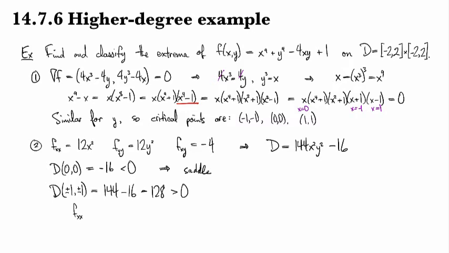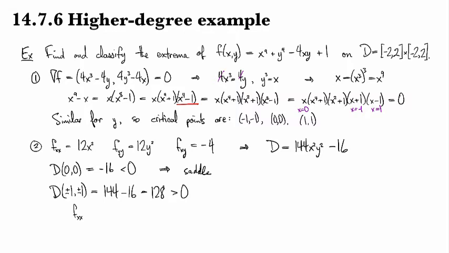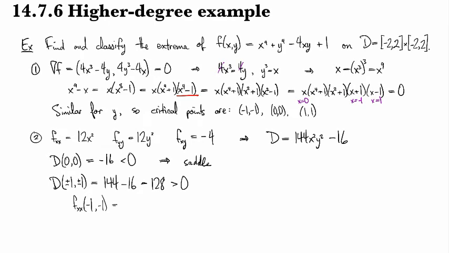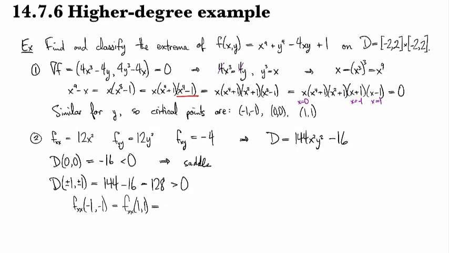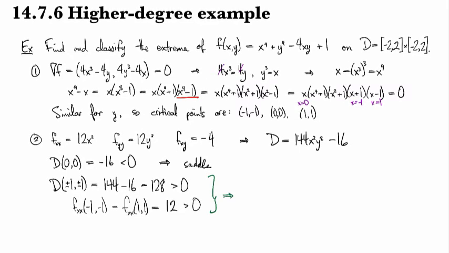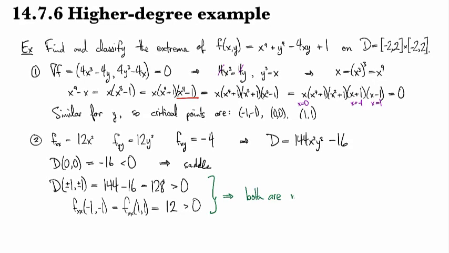For the same reason as when we computed D, since x appears with a square and y doesn't appear at all, when we evaluate this at minus 1, minus 1 and 1, 1, we get the same thing, namely 12, and that is very much positive. So with these two pieces of information together, we can conclude that both of these are minima.